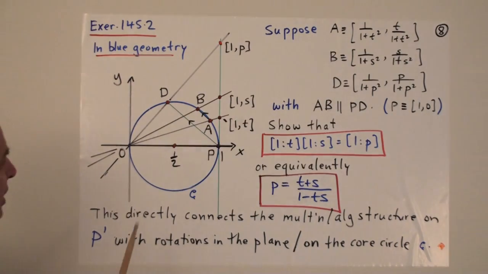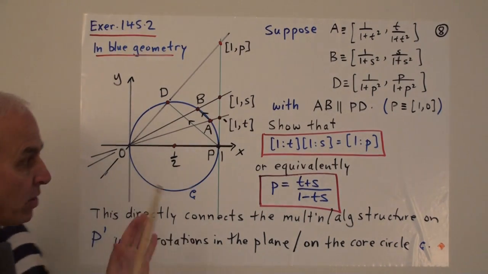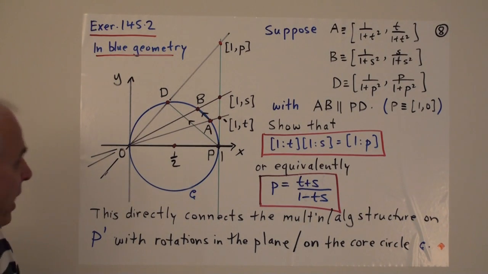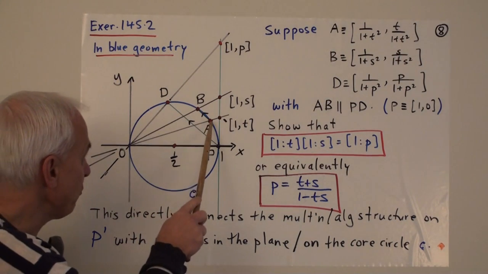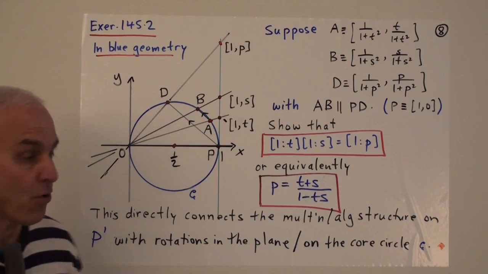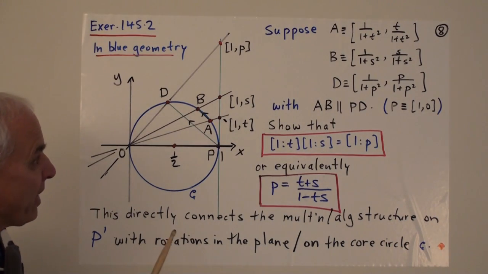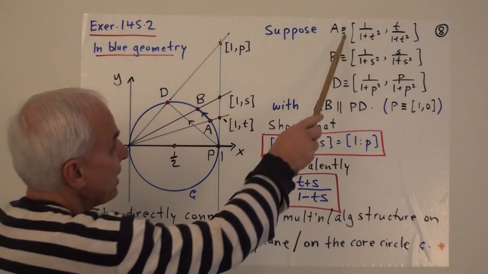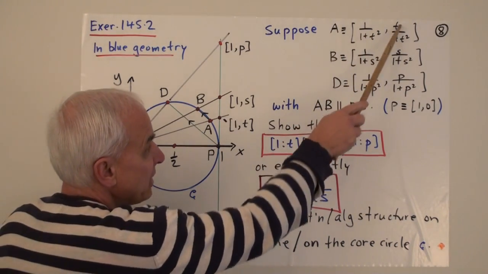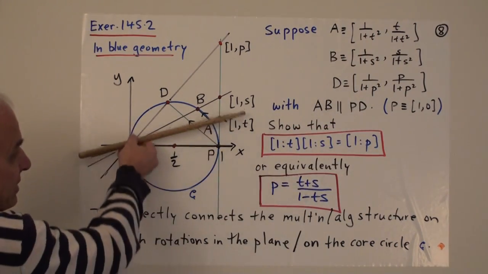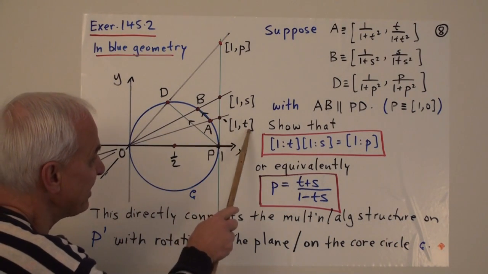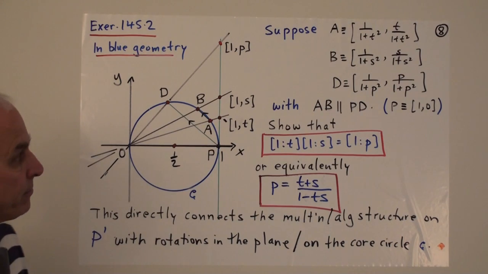So here is our core circle again, now in the Euclidean situation, so we're working in blue geometry here. And suppose that we have 2 points A and B on the core circle, and they have the same kind of formulas as we were talking about before. So A is 1 over 1 plus t squared, t over 1 plus t squared. That is, it's the place where the line through the point 1, t meets the core circle.